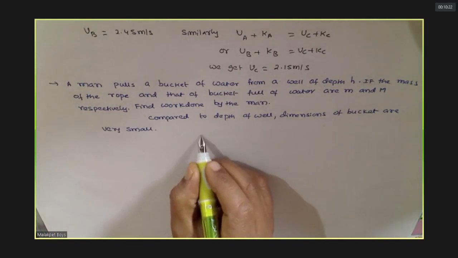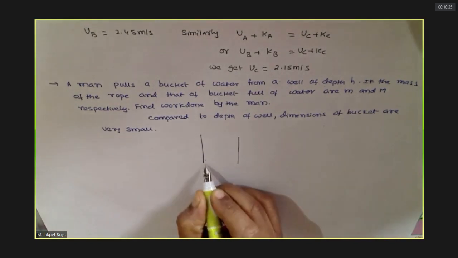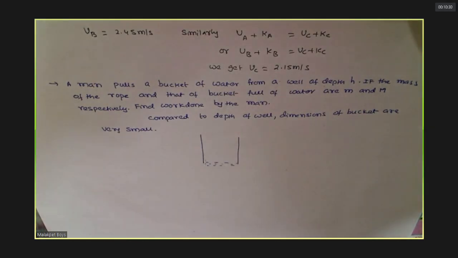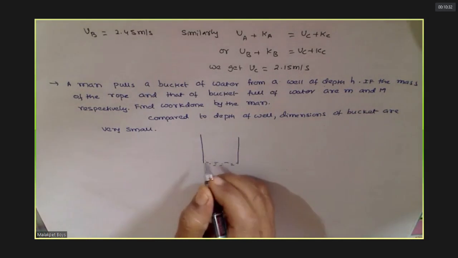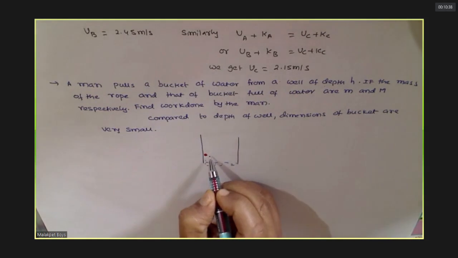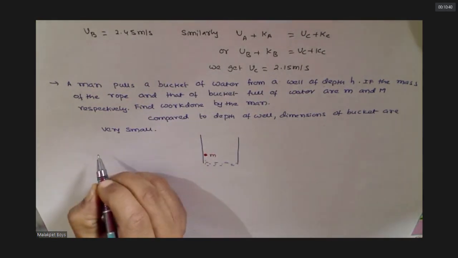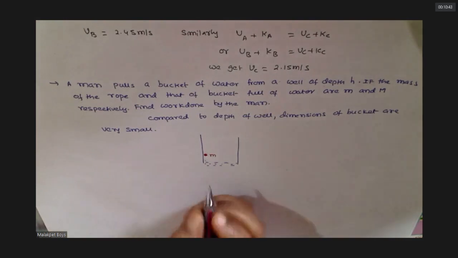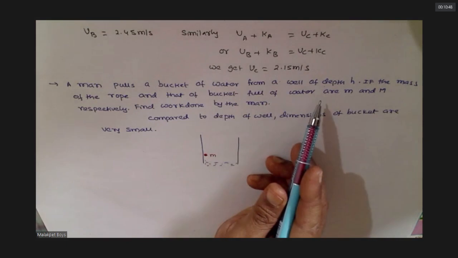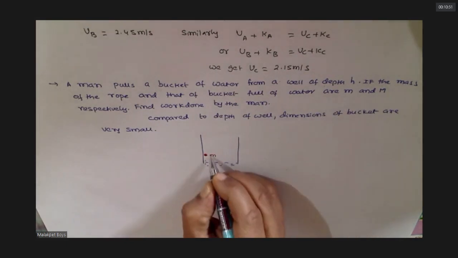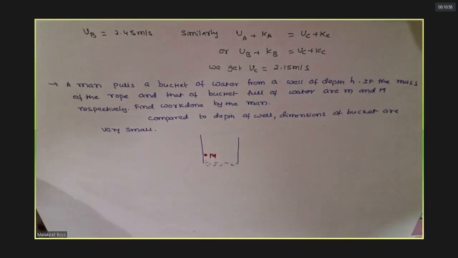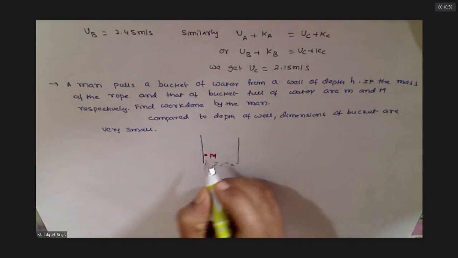So you can see that this is the well. This is a bucket. What is the mass of the bucket? M. Capital M. Now you can see that this is the rope.